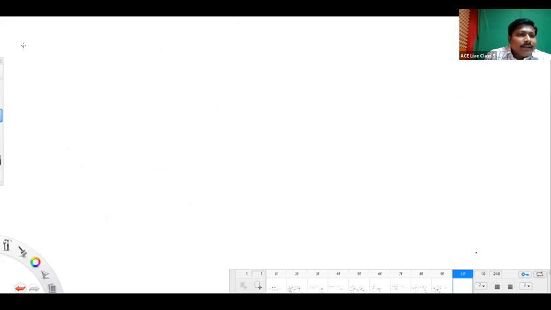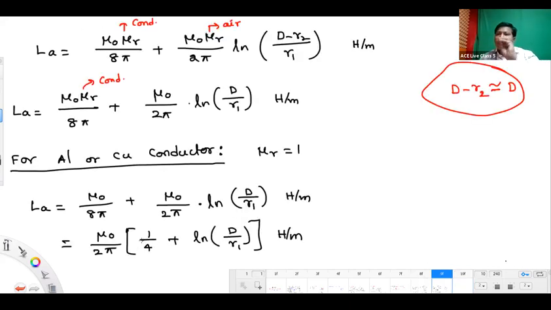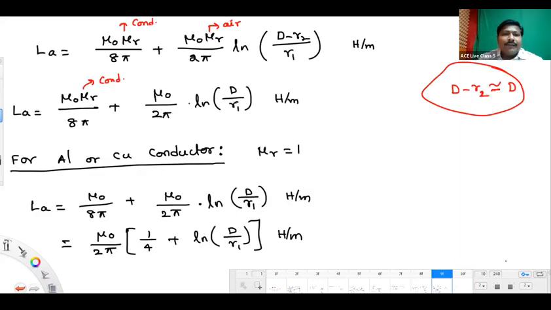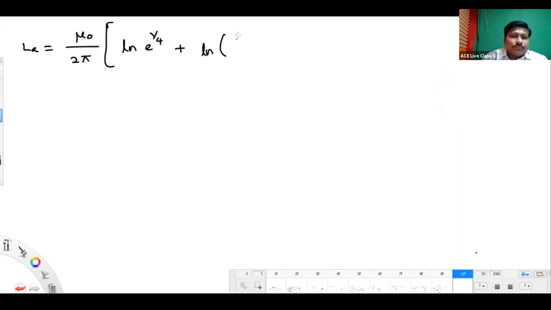Next slide. LA will be equal to mu naught by 2 pi into 1 by 4. That 1 by 4 we are going to write as ln of e power 1 by 4. If you write like that, it will be 1 by 4 plus ln e. Ln e is 1, so it will be simply 1 by 4. Plus, we have ln of D by R1 in terms of Henry by meter.